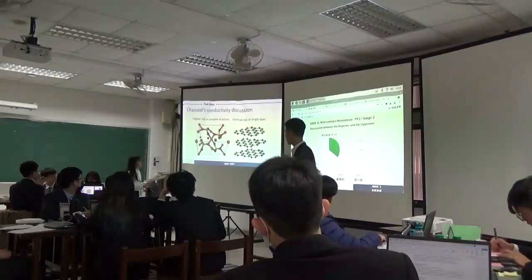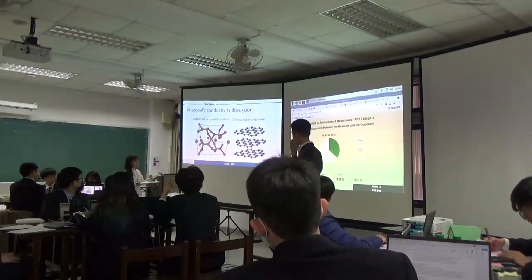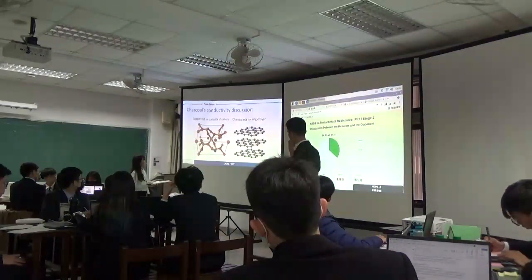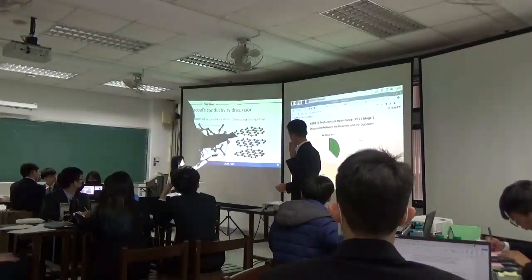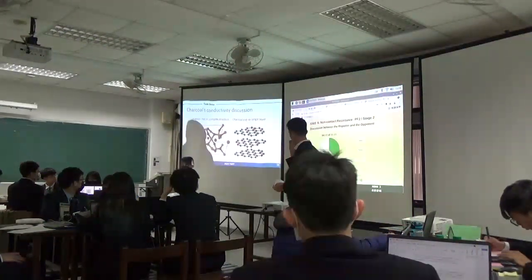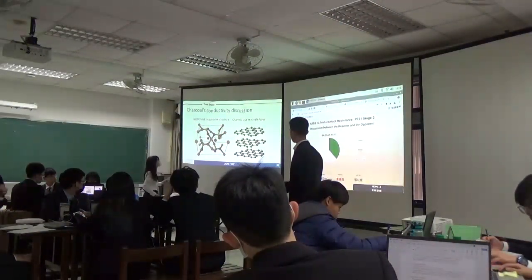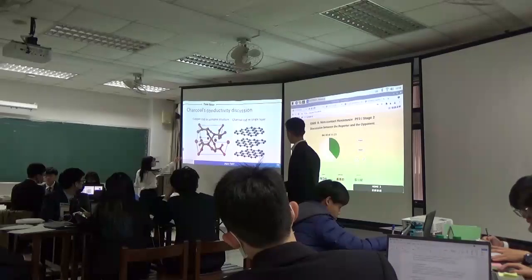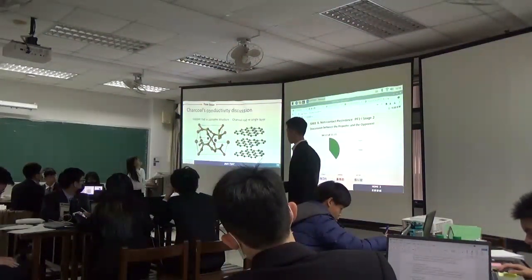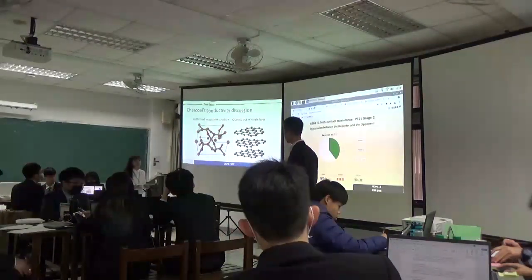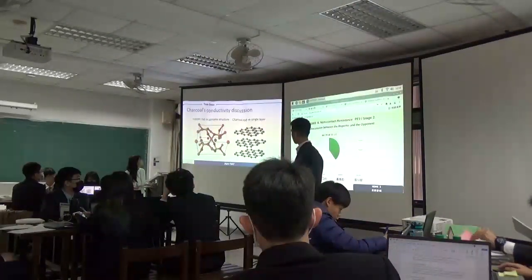In our experiment we found that the copper rod's conductivity is not so good. We guess it is because it is layer upon layer, and they are not connected to each other, so the conductivity is not so good. However, this one connects with each other in a 3D shape, so the conductivity is better. So you mean the copper rod has a better conductivity? Yes.